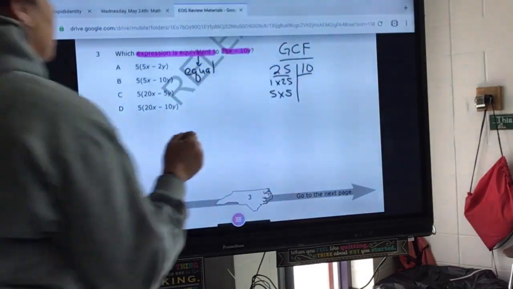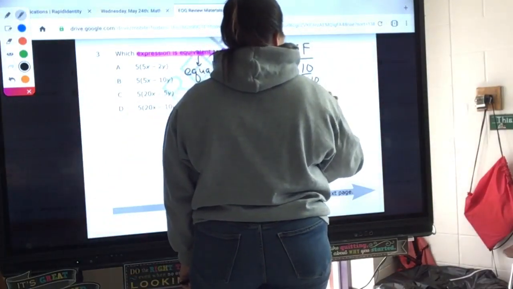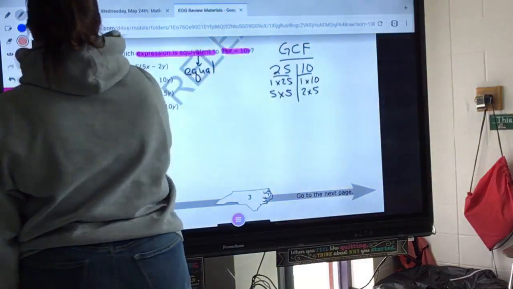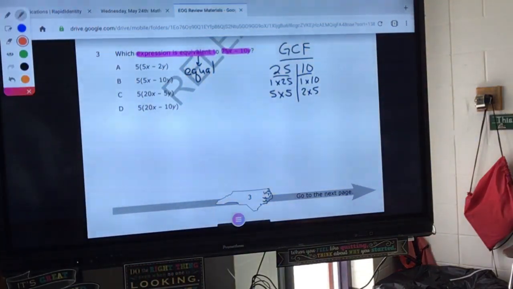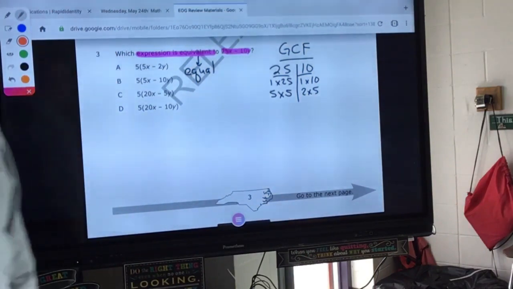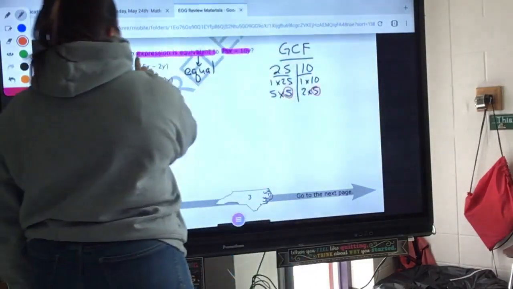Krishana? Alright, so which one is the greatest common factor between both numbers? So the biggest number that you see on both sides. Camden? 5.